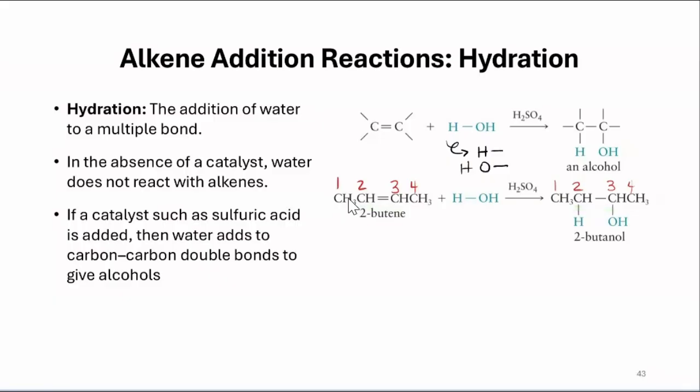And then here, carbon 2 received the hydrogen and carbon 3 received the OH. In this example, because specifically this molecule is symmetrical, it really doesn't matter who receives the H or receives the OH. But in general, we actually have rules to determine who receives the H and who receives the OH.